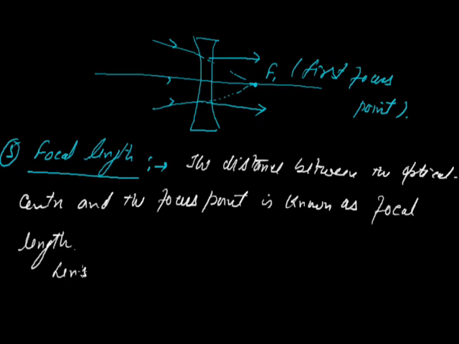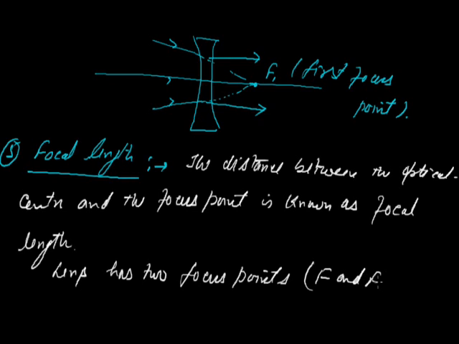A lens has two focus points. The first is the principal focus point, f, and the other is the first focus point, f1.